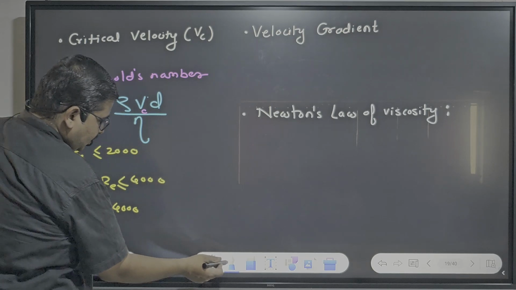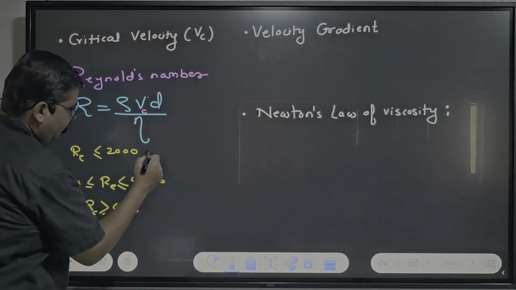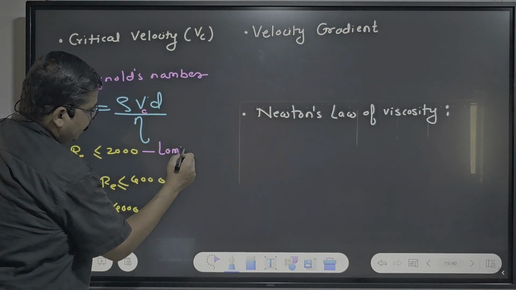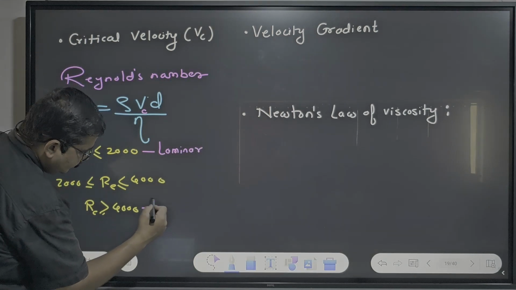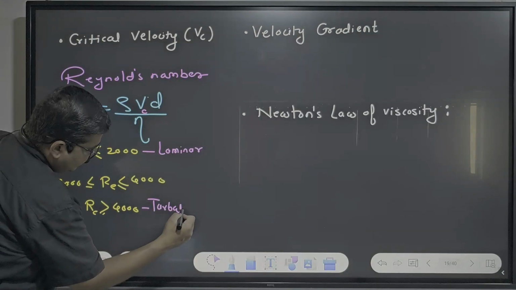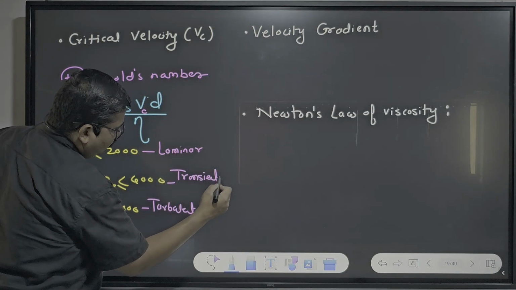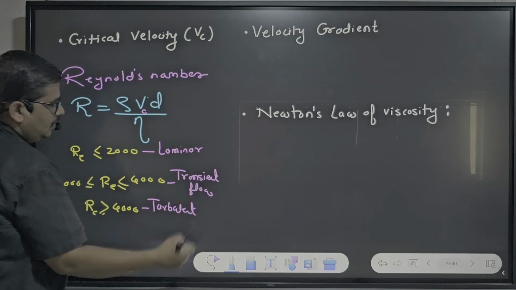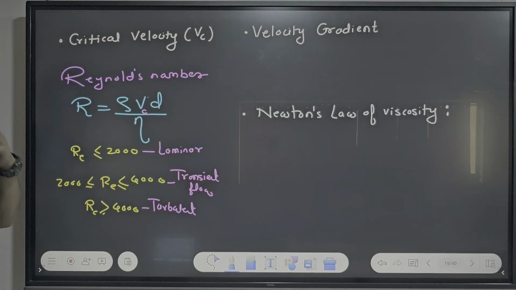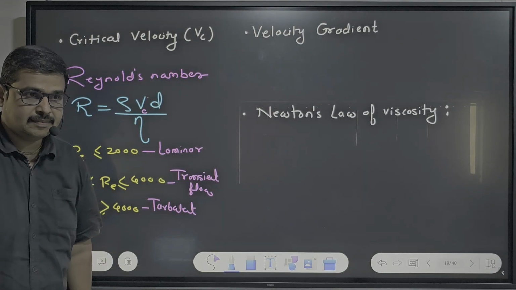So what is the type of flow? In the first case, the flow is laminar. In the third case, the flow is turbulent, and in between that the flow is called transient flow. Okay, so Reynolds number is unitless, dimensionless.